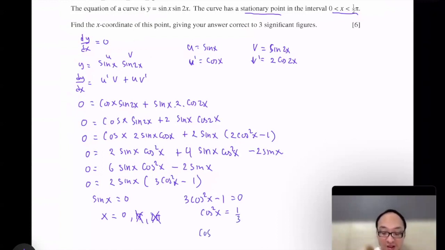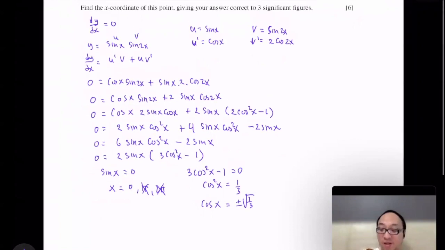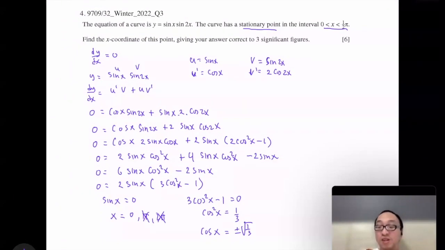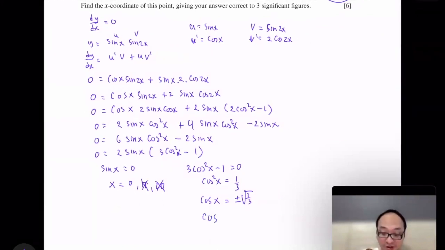That means cos x will be plus or minus the square root of 1 over 3. Now, again, x is between 0 and half pi. That means in the first quadrant, cos should be positive. So we only use the positive root of 1 over 3, which equals 1 over 3 square root 3.